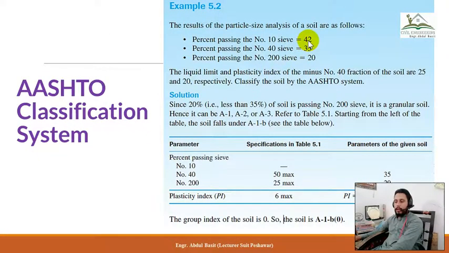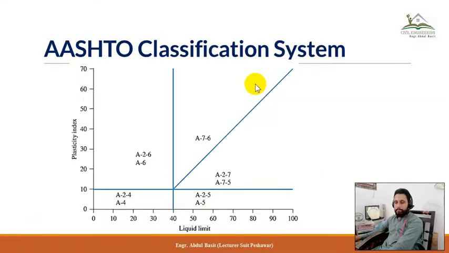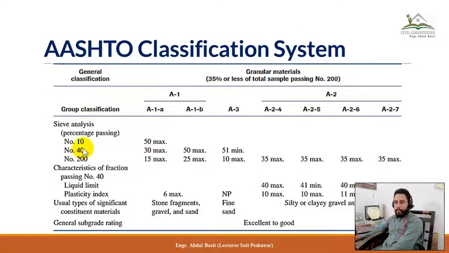So 42 and 35. Coming here again, 42 is okay, but 35 maximum, 30 maximum, and our value is 35, so we cannot use it now. Then coming to this one, no limit for number 10, and 50 maximum for number 40, so you can use this one. 25 maximum is the range for number 200, and we have 20. So again this group is okay.